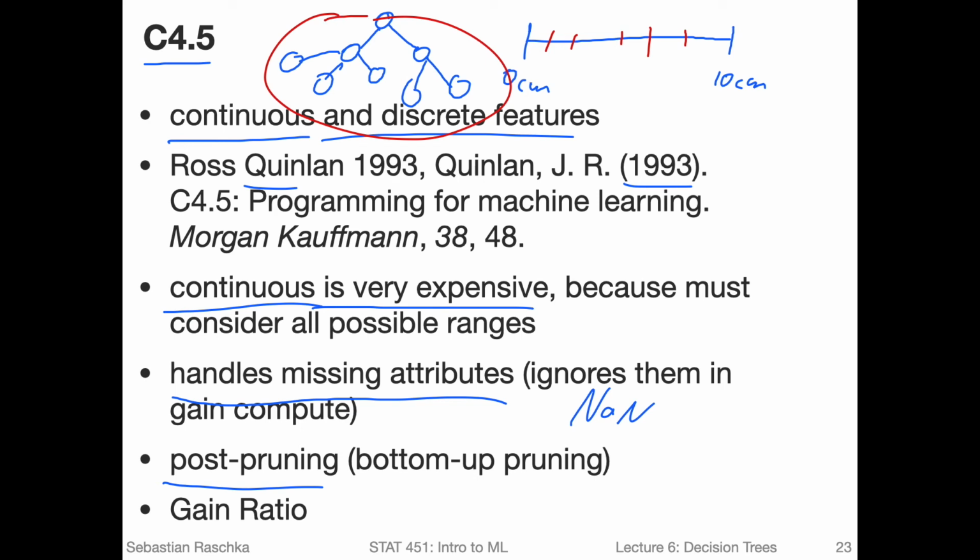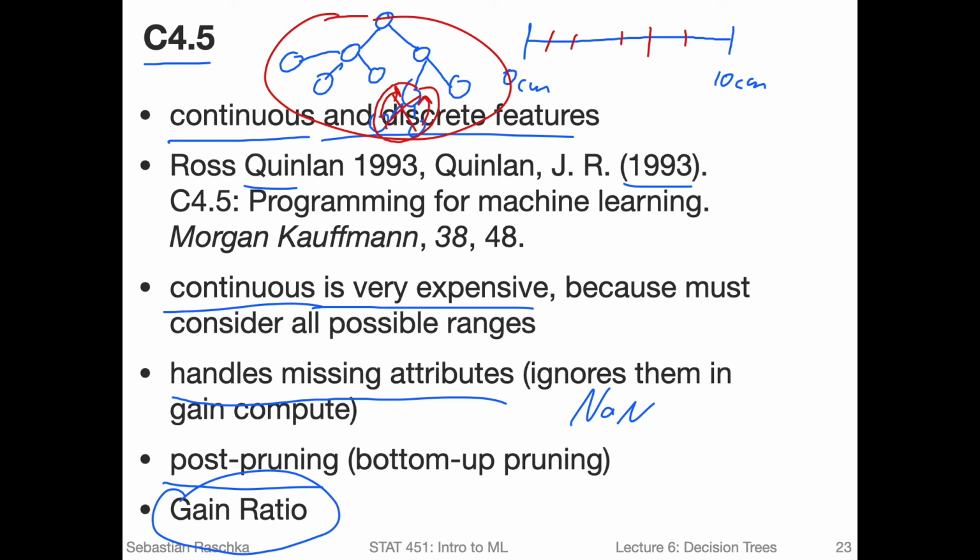So if we have another level, it may find this is too deep here, and that removing this node and merging it back by one level will improve the validation set performance. That would be the post-pruning, and we will talk about how it works exactly in a later video. And for growing the tree, it uses the gain ratio.